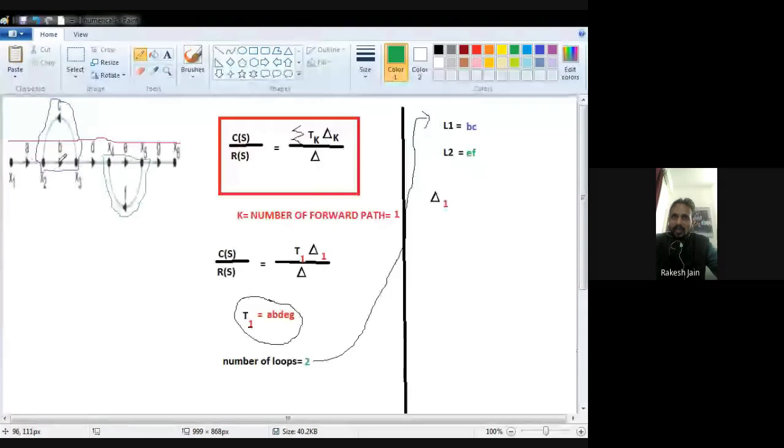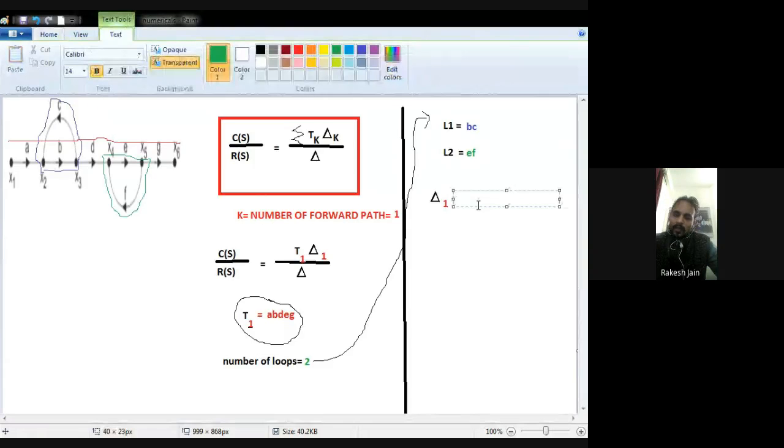The second loop, with the green circle, also touches the forward path because of the E branch. So both loops touch the first forward path. Here only one forward path is there. When all the loops touch the forward path, the value of del 1 is equal to 1, because both L1 and L2 touch the first forward path.